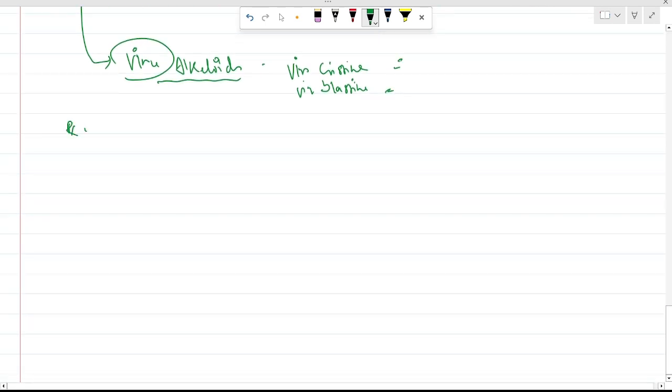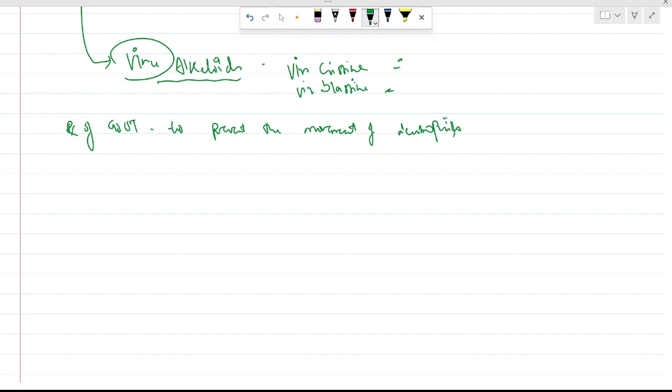For the treatment of gout, we need to prevent the movement of neutrophils. In general medicine, we're going to learn about this gout. Also in the biochemistry section, we are going to learn much about gout.